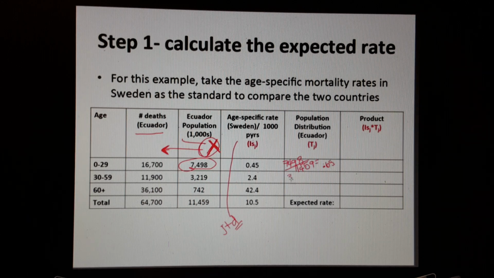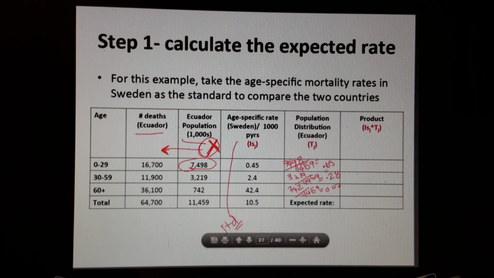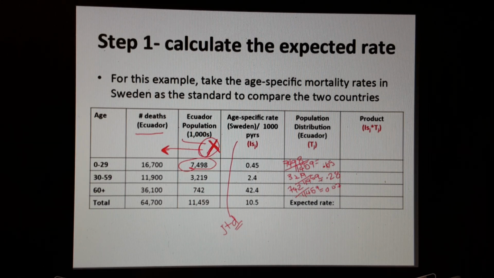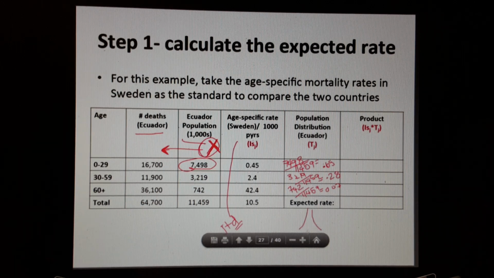For this one, we just have 3,219 divided by the total population as well. Okay, so here's your age structure, and that makes sense based on what we've seen before. We have 0.65, 0.28 in here, and 0.07 up here.